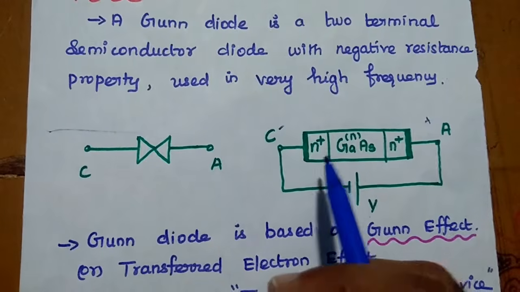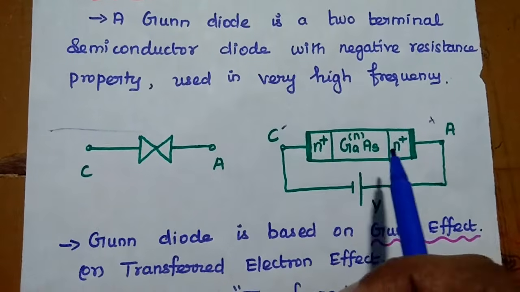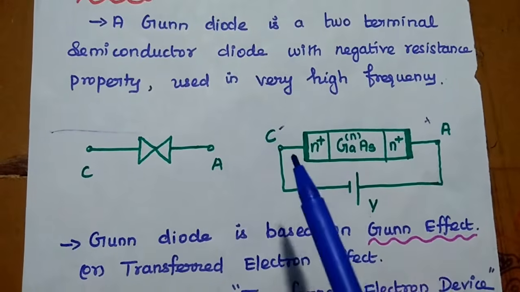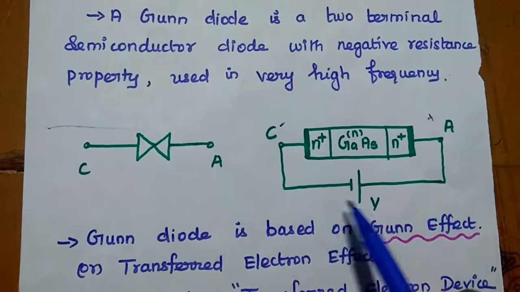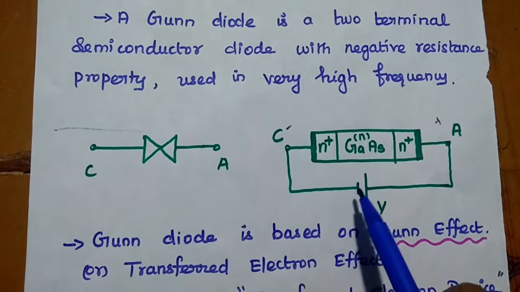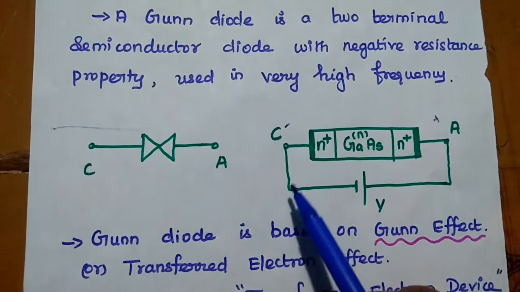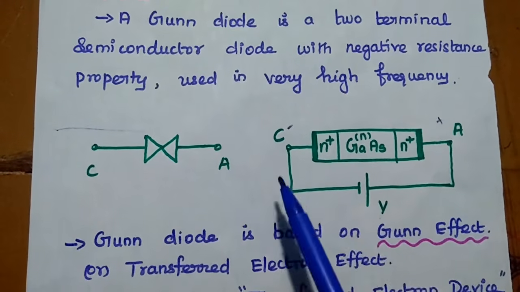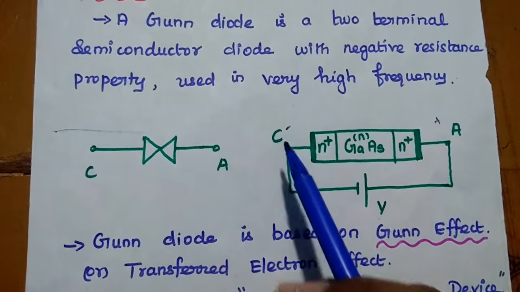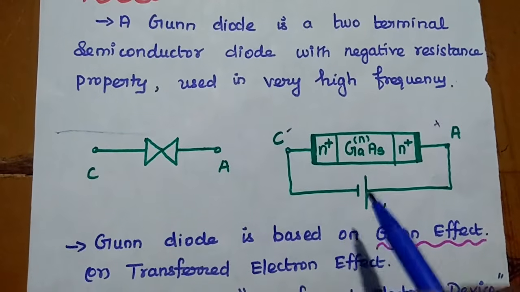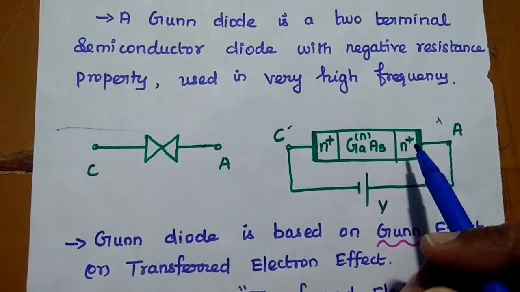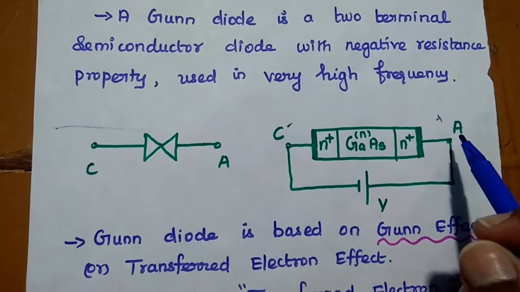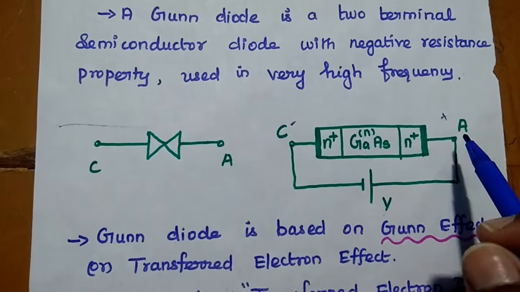Correct. Since all the layers are negative, we are going to name the terminals based on the terminals of the battery. If the negative terminal of the battery is connected to this region, we can say the terminal is the cathode, that is negative. If the positive terminal of the battery is connected to this region, then we can say that is the anode.